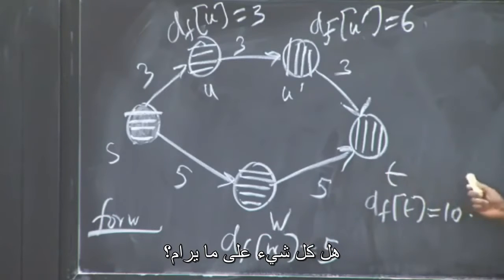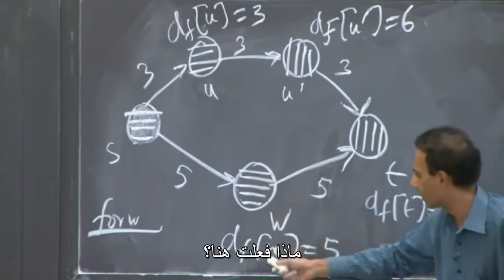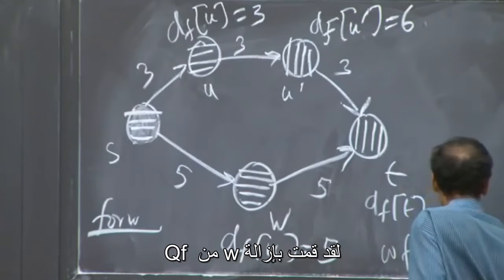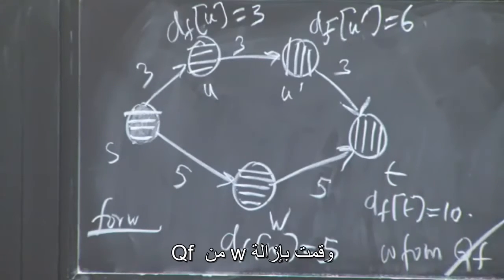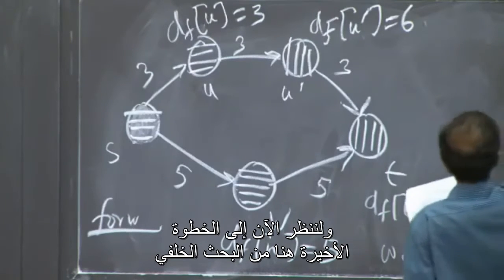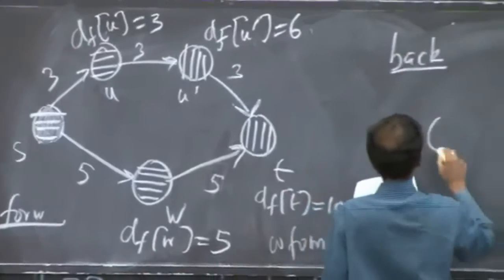All right? Everything good? So now what have I done here? I've removed W from QF. Now let's look at the last step here of the backward search.